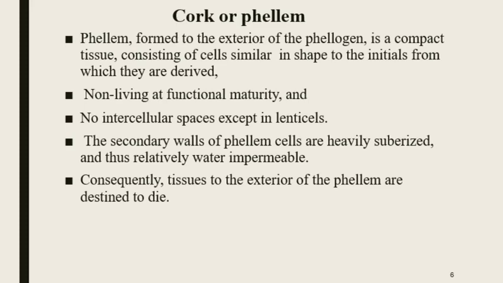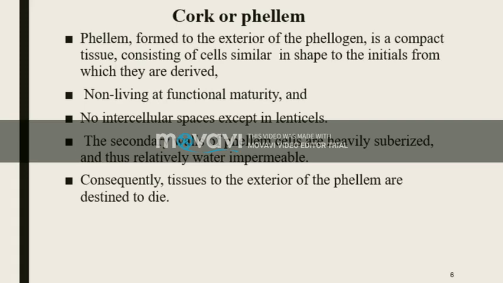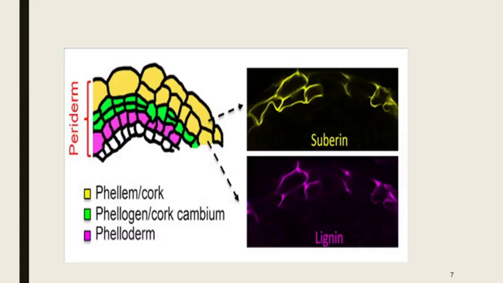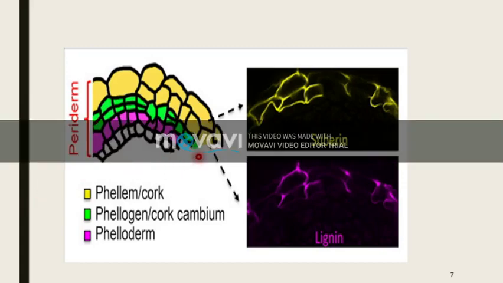When the cork tissues become mature and lenticels are formed, the epidermis will fall off and the outer layer of the dicot stem now becomes cork, then cork cambium and phelloderm and so on. Here is the diagram of cork.